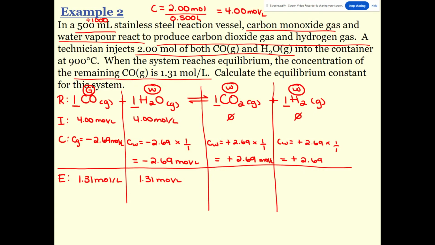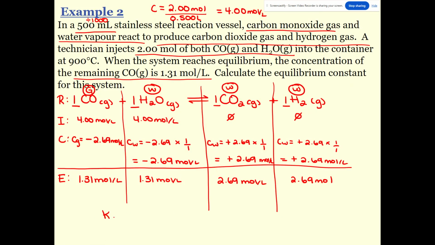Reactants always go down. Okay? I'm starting at 0. I apply the change of an increase of 2.69. So that means at equilibrium, both of my products, because they're starting both at 0 and they're going through the same change, so both of them are going to end at 2.69 moles per liter.